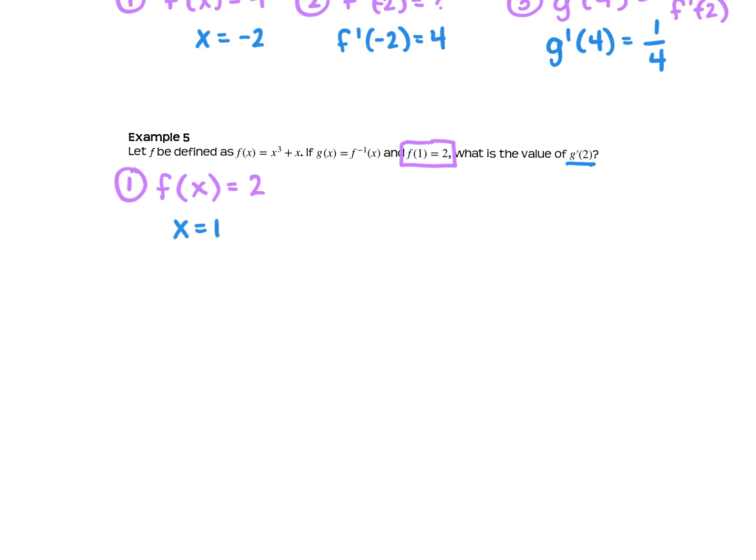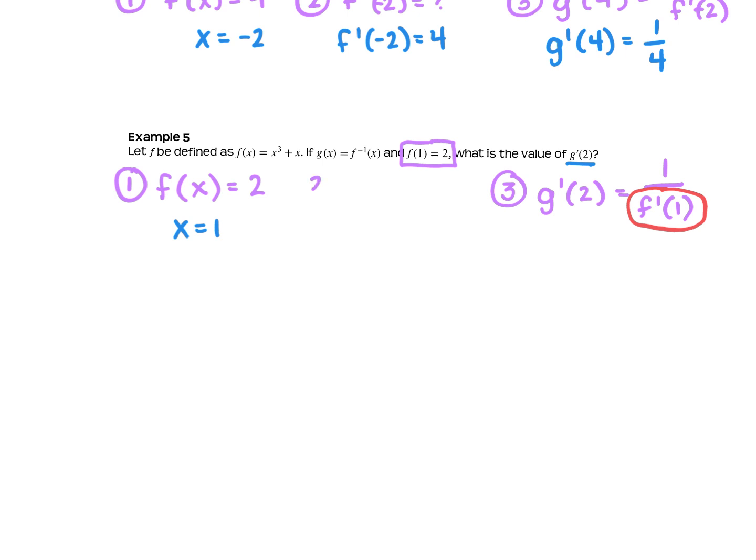And so that tells me right away that at the end of my problem, I'm going to be able to say g prime of 2 is the reciprocal of the derivative at 1, of f prime of 1. But my big question mark now is, what is f prime of 1? This is where our solving is going to come in, because it didn't tell me what f prime of 1 was.